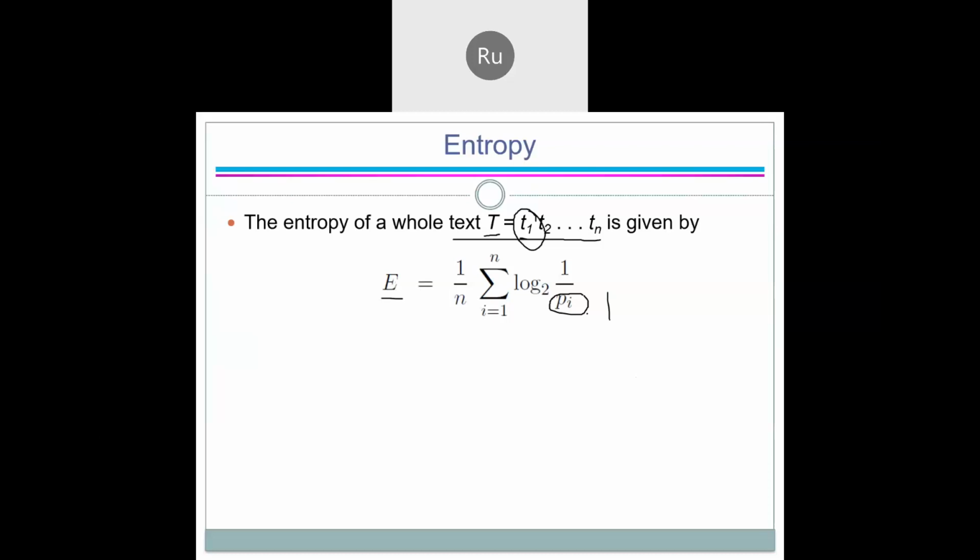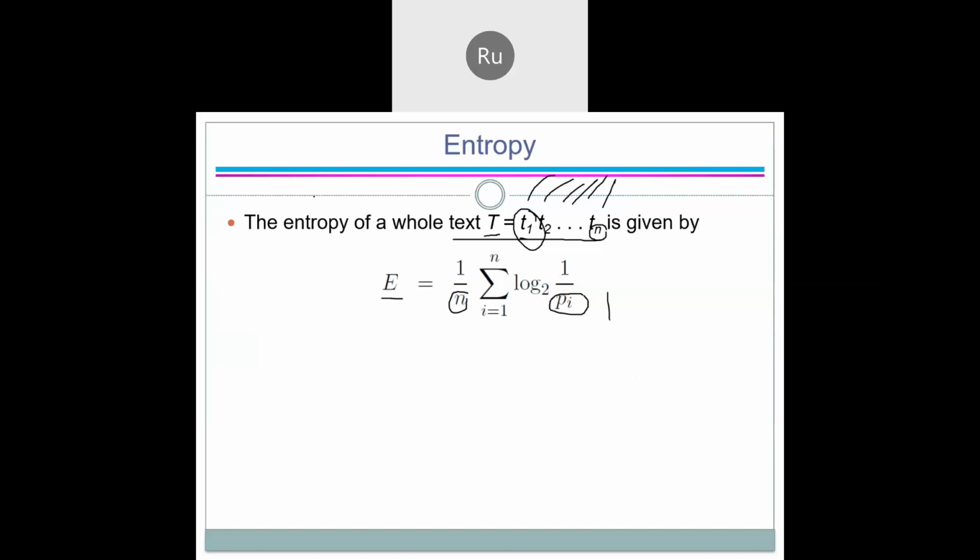So the value for this will be, n refers to the number of symbols that you have. Basically, you are taking the average over each of the terms that you have here.